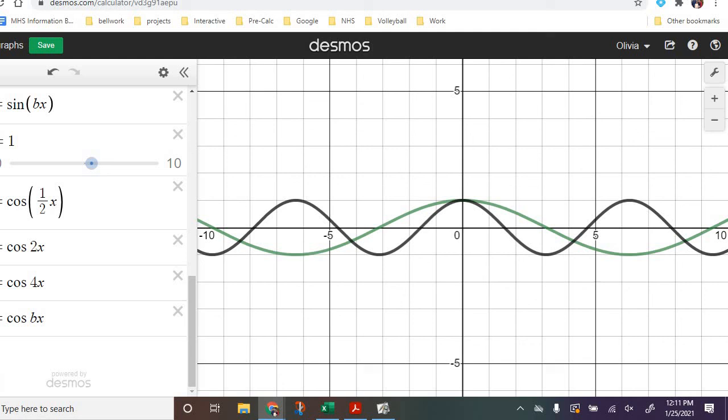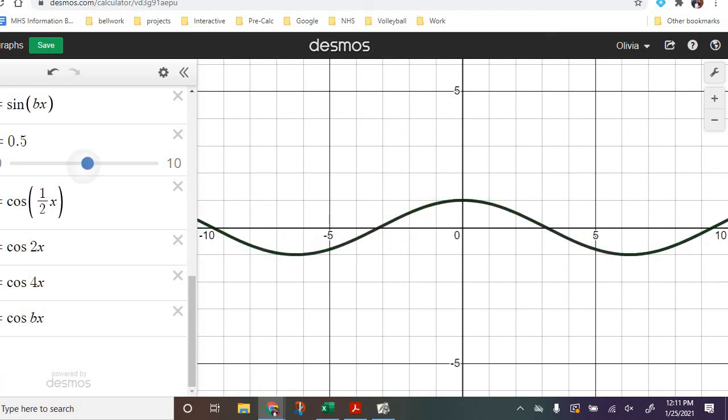Multiplying by a negative on the outside, remember, reflects it vertically. So what would this reflect it? Horizontally. Okay, but if I reflect it horizontally, with negative 0.5, I get the same thing as if I had just 1/2.